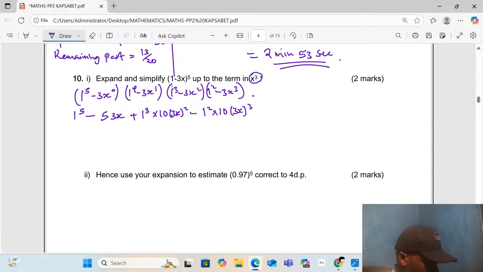Yeah, that way it continues, it always continues plus the other, but we are now focusing on x power 3 to be the last part.